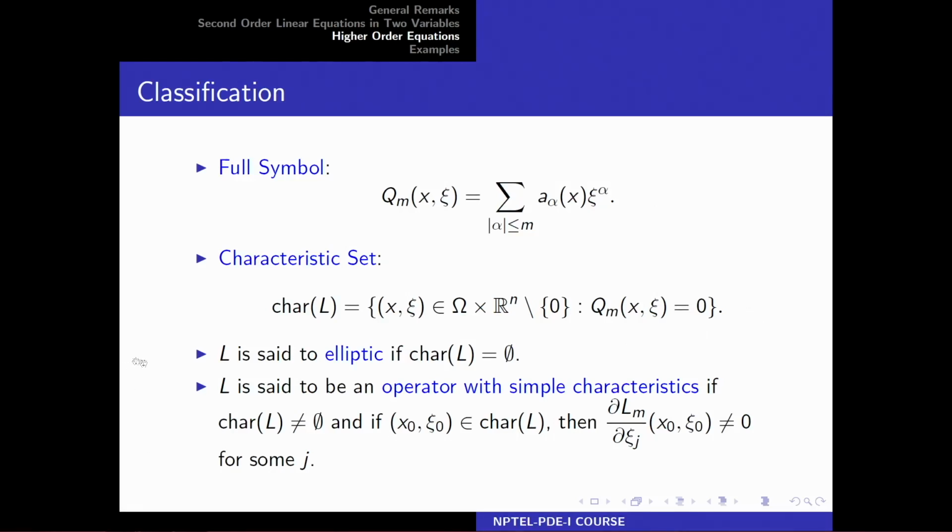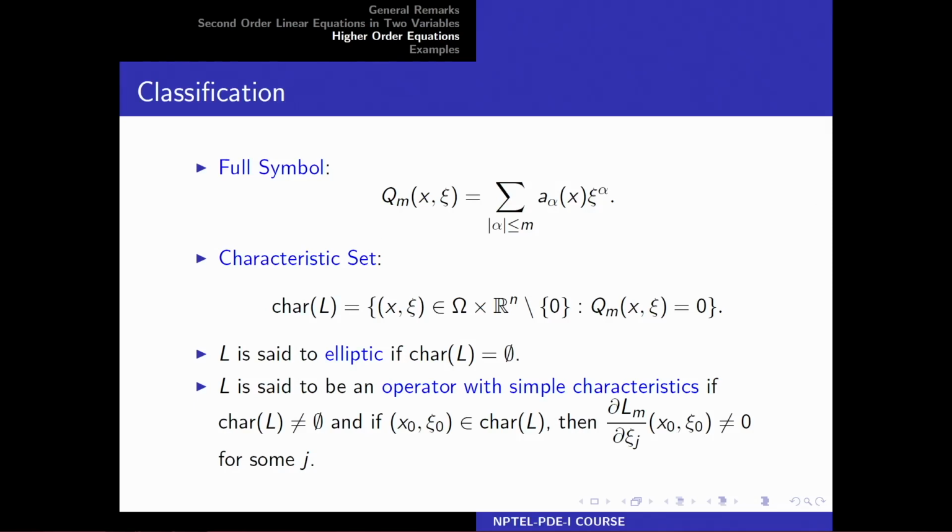what type of operator L is if this characteristic set is non-empty. So, that means it has some non-trivial zeros. In case of two variables we could do that, hyperbolic and parabolic.